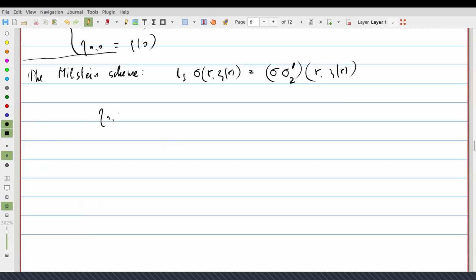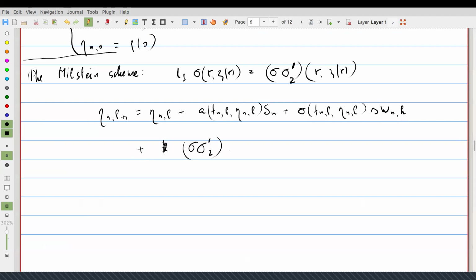So now, using the same notation as the previous example, we get the same linear part a_n,k delta_n plus sigma t_n,k a_n,k delta W_n,k plus sigma times the derivative of sigma with respect to the second argument, at t_n,k and a_n,k. And here we have the integral from t_n,k to t_n,k+1 of dW_s, formally integral from t_n,k to s of dW_r.